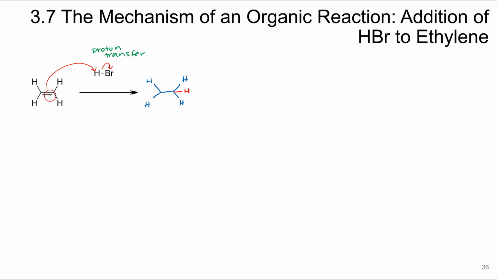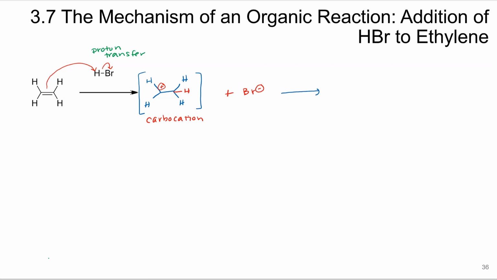The other one, this pair of electrons went to form a new bond with the hydrogen. I took electrons out of this carbon as well, so this is now positively charged. And this is the carbocation that forms. So a carbocation is a positively charged carbon. This is the intermediate. In that process, Br- was also kicked off.